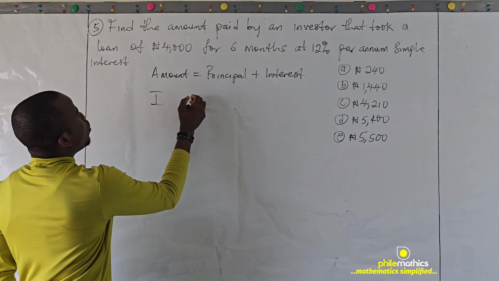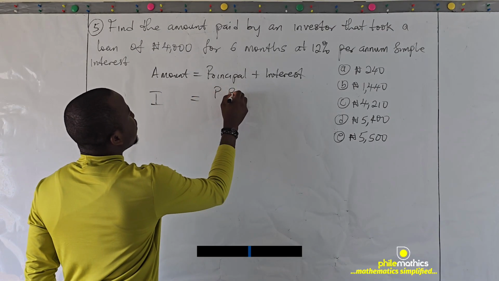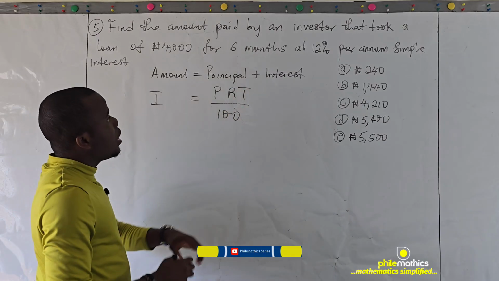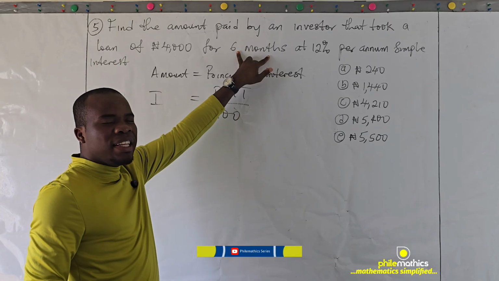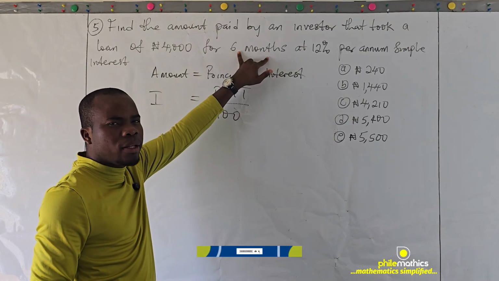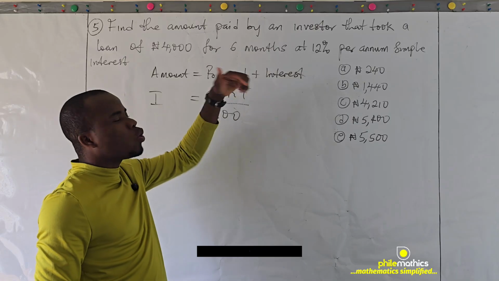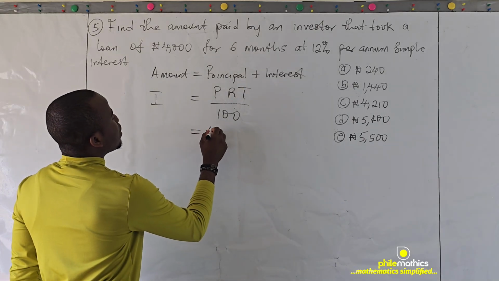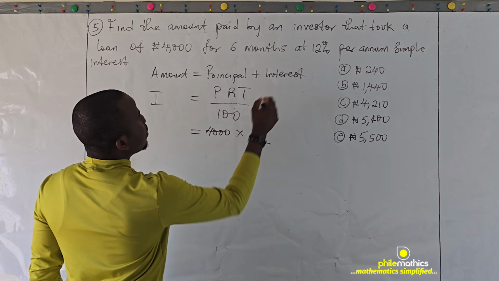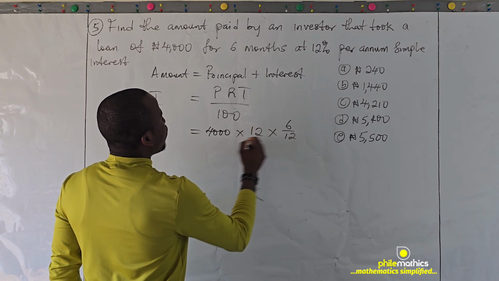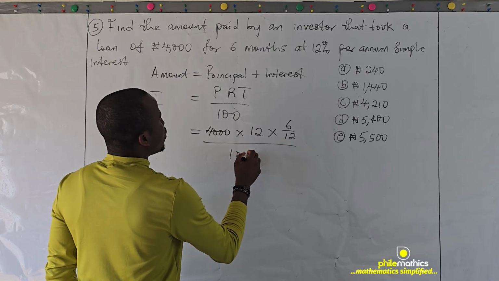But interest we know is principal times rate times time over 100. Notice that the time is given in months. So we have to convert these months to years by dividing by 12 because there are 12 months in a year. So principal is 4,000, rate is 12, and time is 6 over 12, everything over 100.